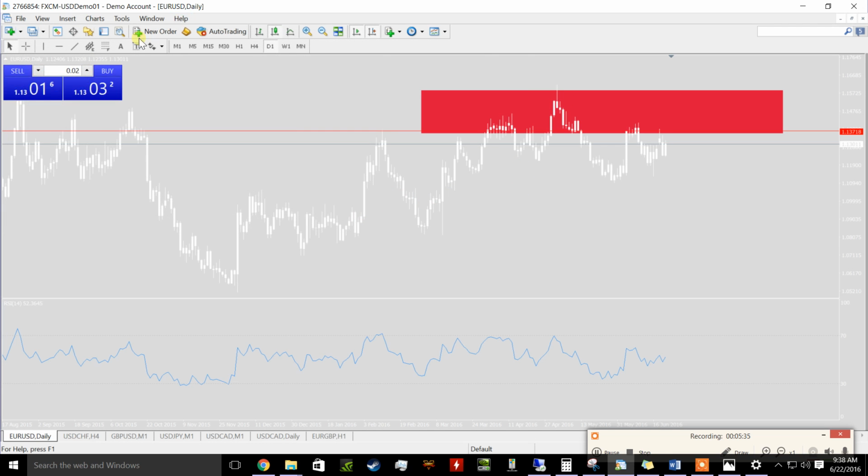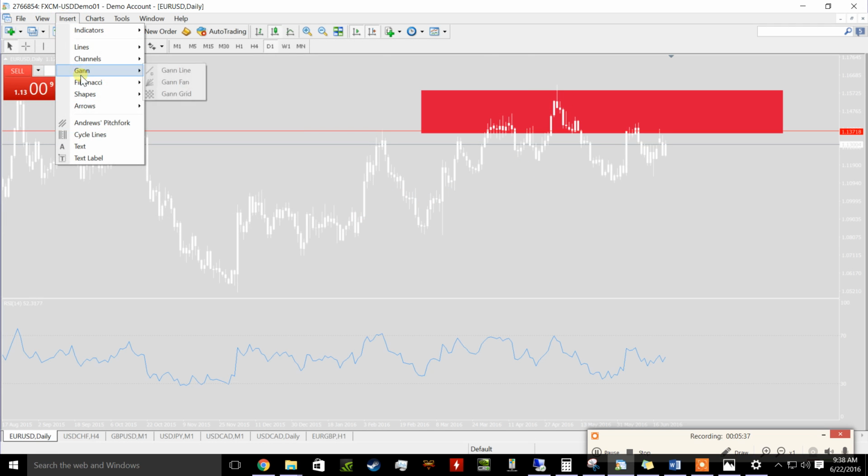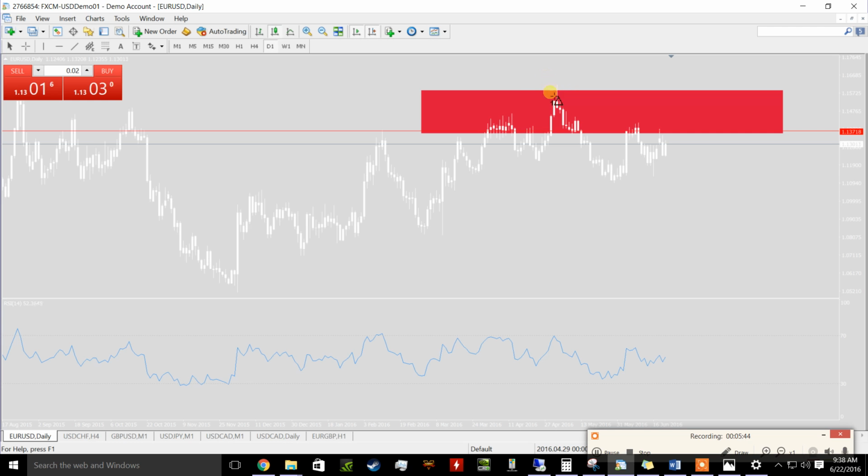Okay, there we go. So let's insert the shape here. Make sure we use a good one. Let's go with a rectangle. Okay, so now this is looking like a good zone right here.